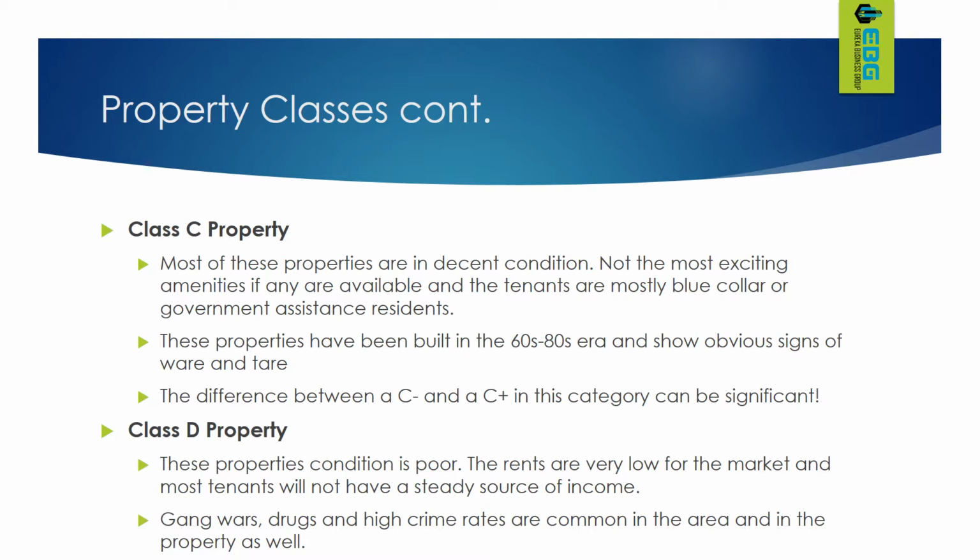So no jobs, random temp jobs, and situations like this, welfare, food stamps. That's the kind of tenants that you will find. It's not uncommon to have properties that are in the middle of a gang war between a couple of gangs, have drugs on property, high crime rates in and around the property. So really that's the D-class properties.